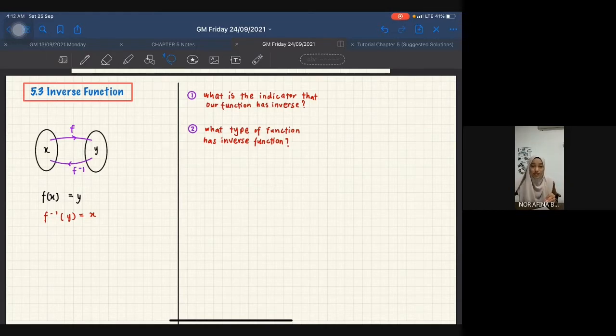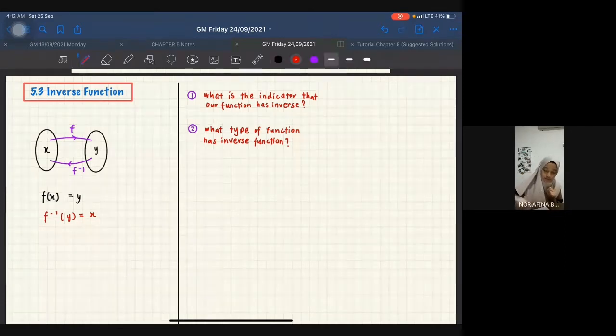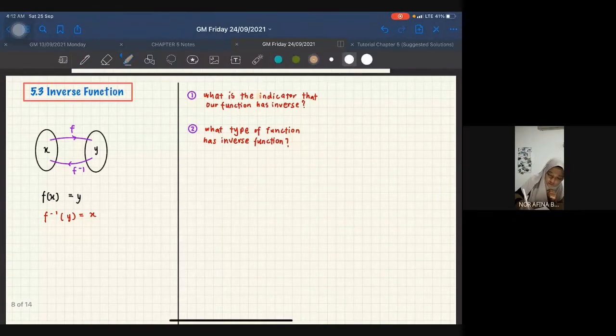Basically, dua soalan ni, dia membawa kepada satu jawapan saja. Our indicator and type of function yang ada inverse function, just one saja. Awak dah belajar dekat 5.1, the type of function is one-to-one function.